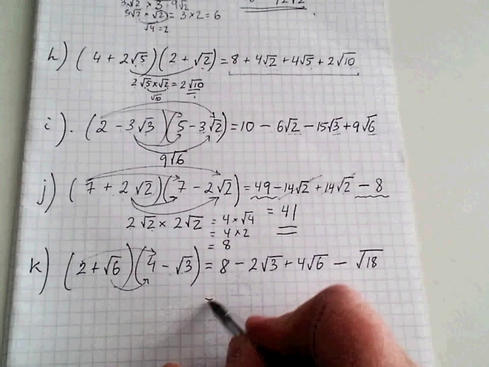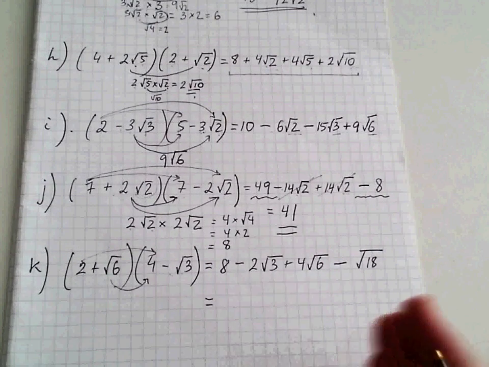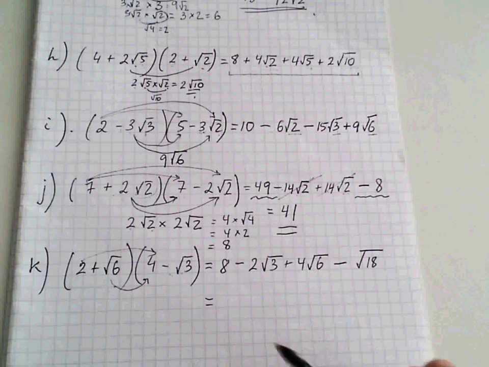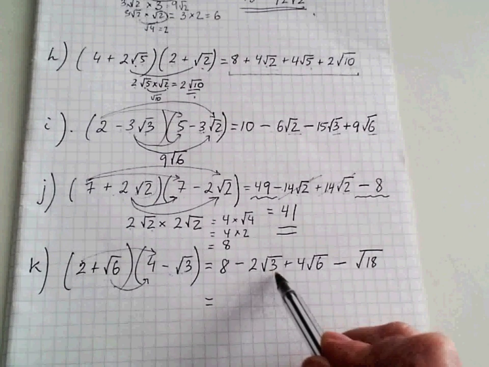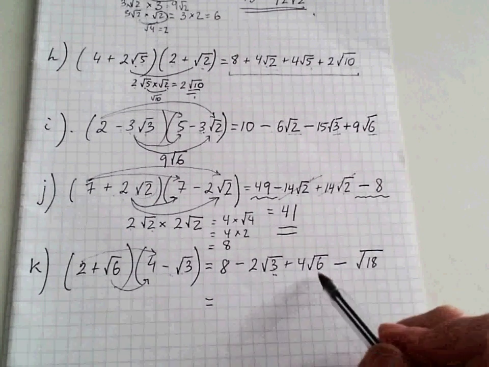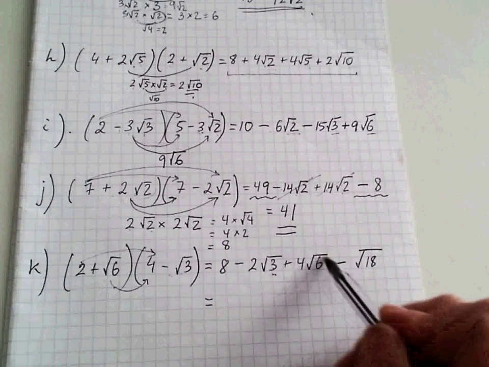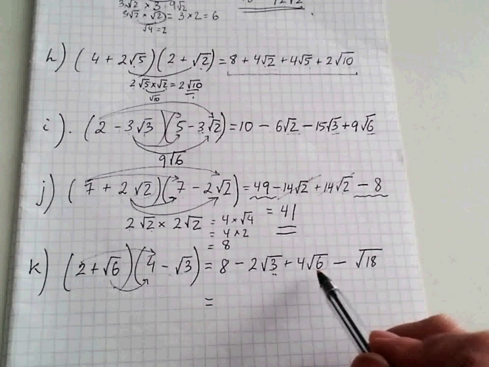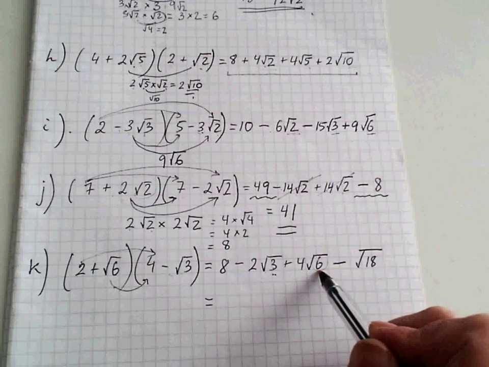Okay, we expanded the brackets. Now we need to check each surd, whether we can simplify it further. For square root of 3, nothing, it's already a prime number. Square root of 6 doesn't have any factor which would be a perfect square.